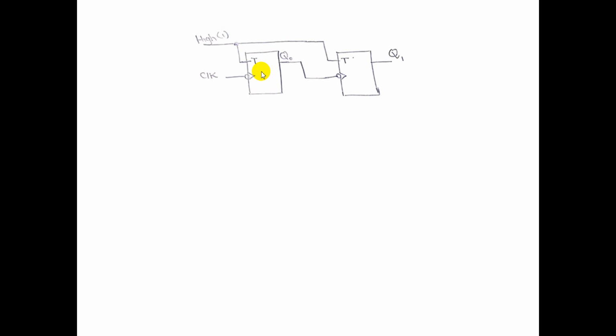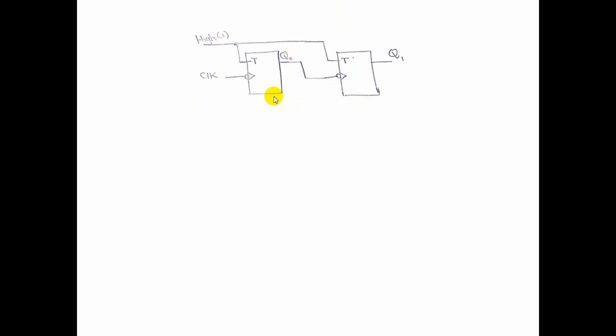Now, second thing, we have a clock signal, and with the clock input I have a bubble on the flip-flop. It means these flip-flops are going to trigger on the negative edge of the clock.